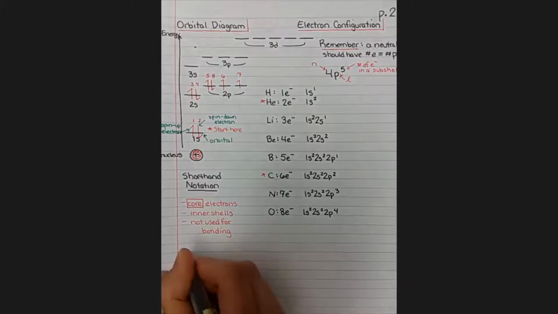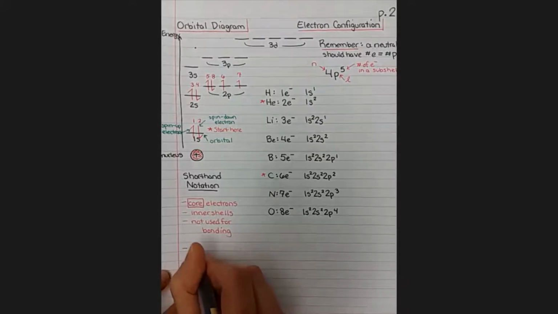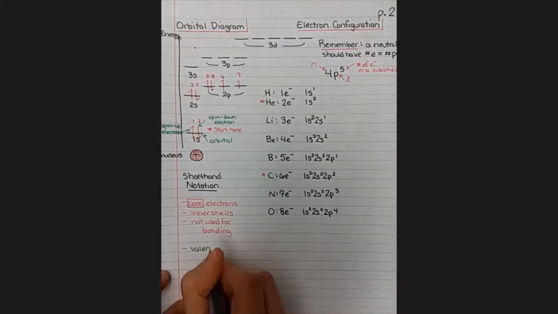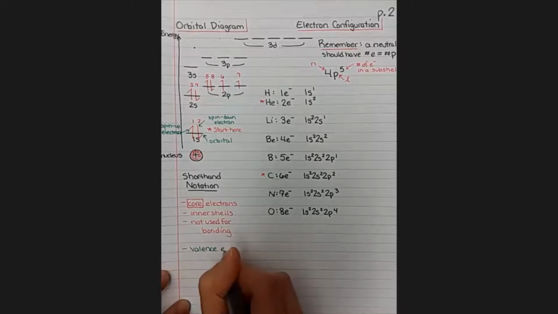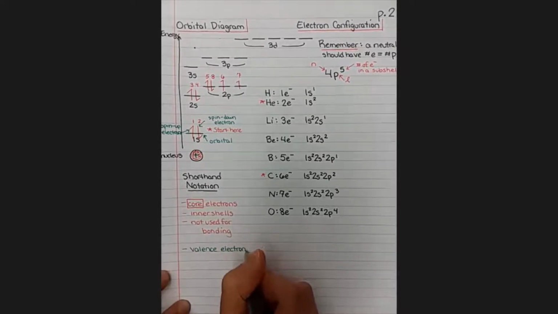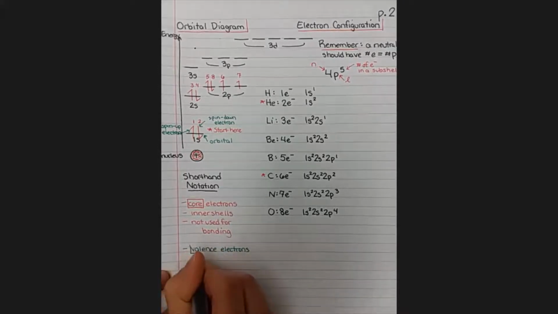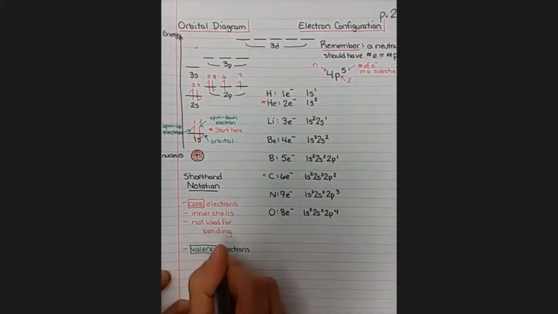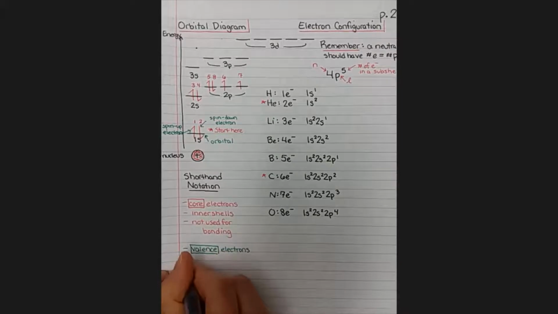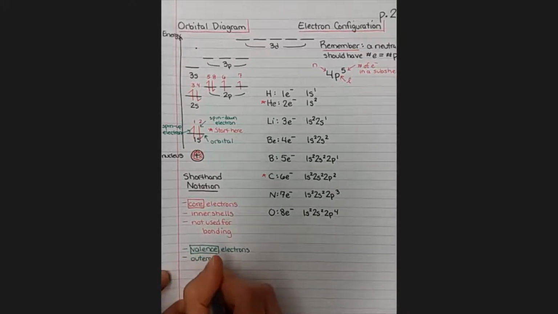The interesting kind of electrons are called valence electrons. If you want to tell someone about something that's actually important, you can tell them that you know about valence electrons. So valence electrons are all of the electrons that live in the outermost shell.